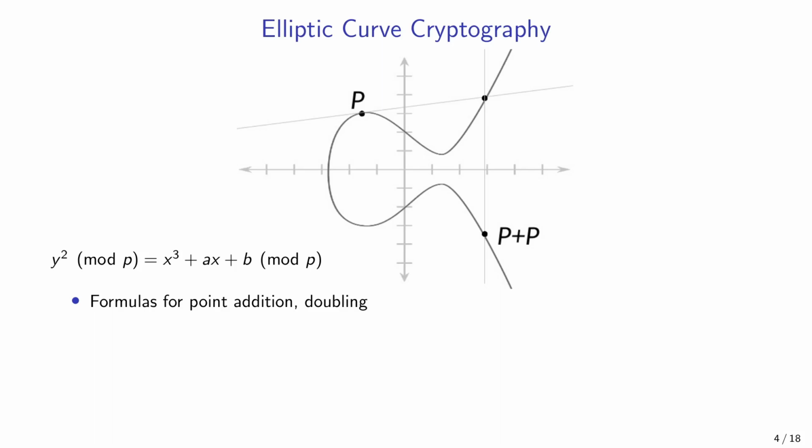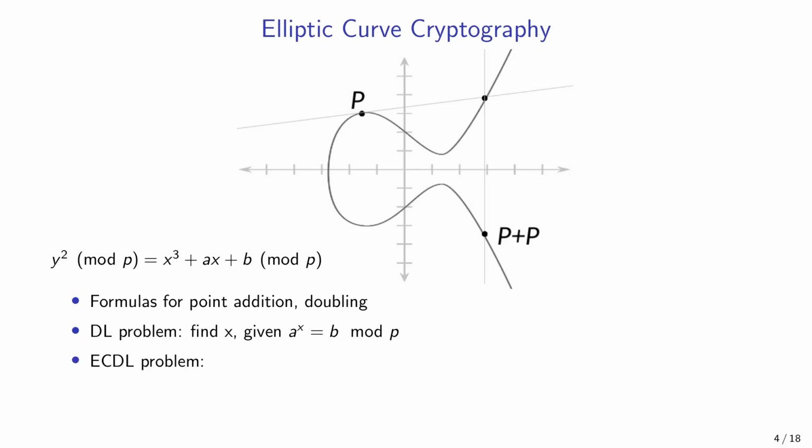We don't have to do it geometrically, as there are simple formulas for point addition and doubling. So we can do it by using simple integer arithmetic on integers x and y. Now, remember the discrete logarithm problem, where it was hard to find x given the result of a exponentiated to x mod p. Here we have something very similar.